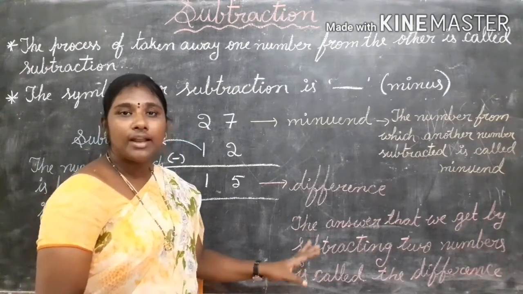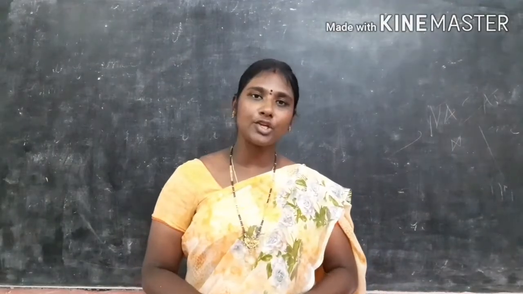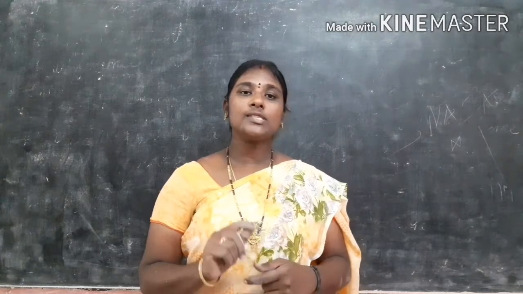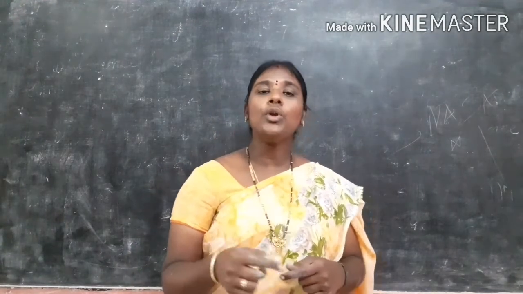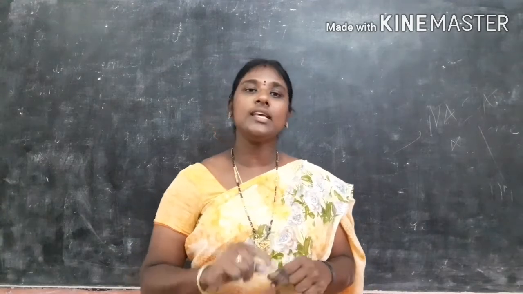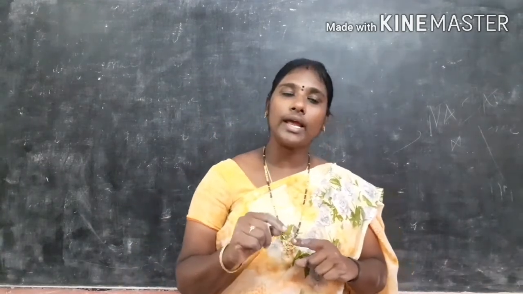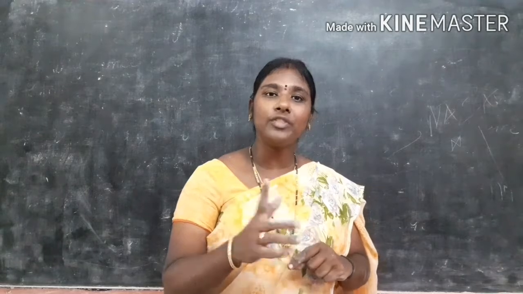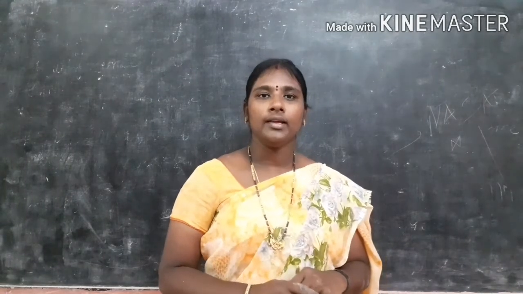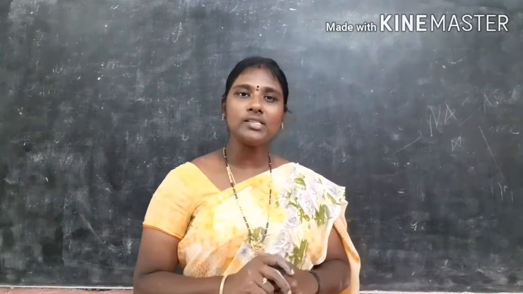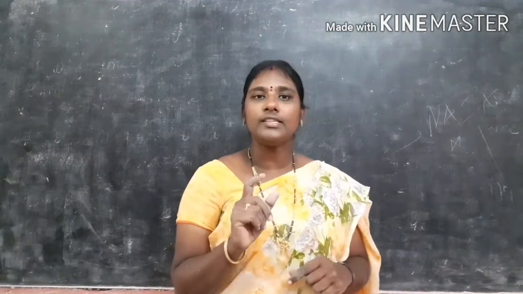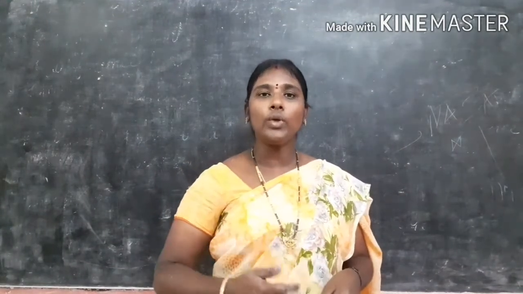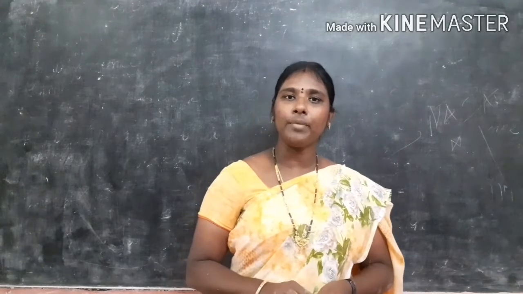When we are doing subtraction, we have to write the smaller number below the larger number. That means the larger number is always written on top of the smaller number, and the smaller number is written below it.